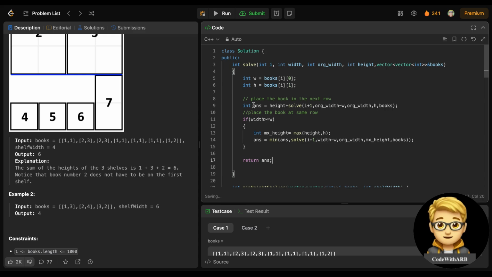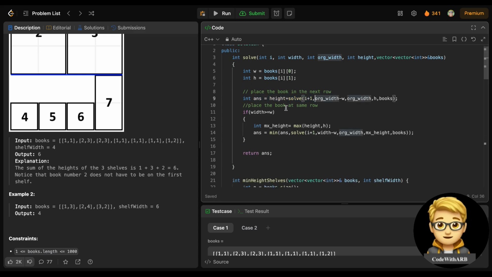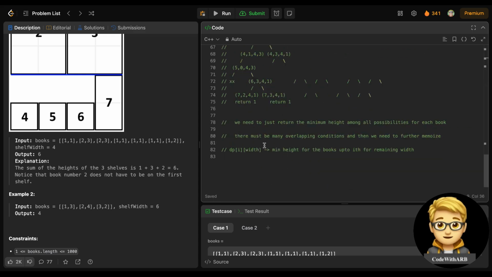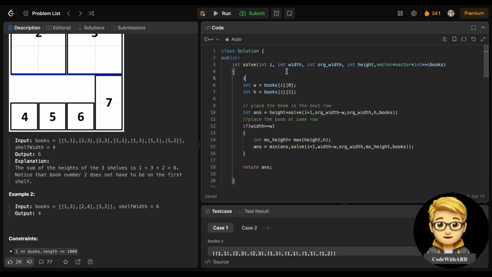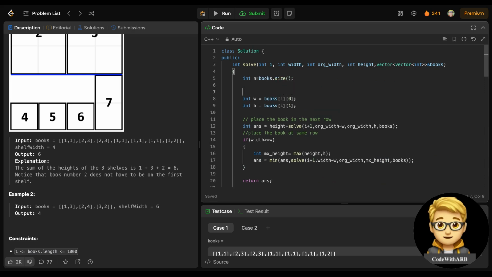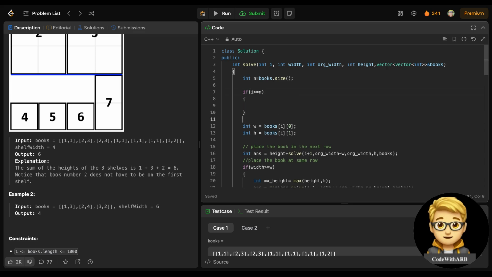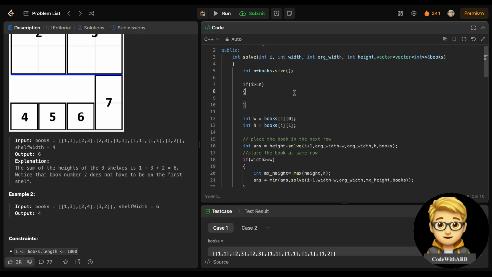Okay. Now, what will be the base case? I told you the base case would be when we reach the last book. It means if i is greater than n, we don't have any book left, then what will we return? We will return the current height.